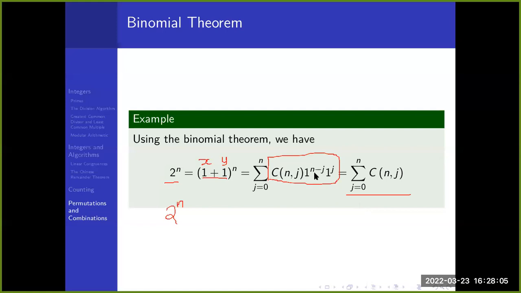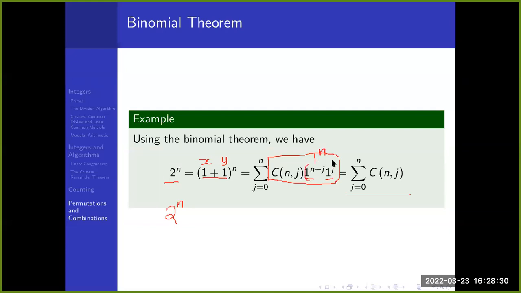And this will simply be equal to the sum of C(n, j). So for instance, when this one is just powers of 1, eventually this will be equal to 1 raised to n, because 1 raised to n minus j multiplied by 1 raised to j is the same as 1 raised to n, and 1 raised to n will just be 1.